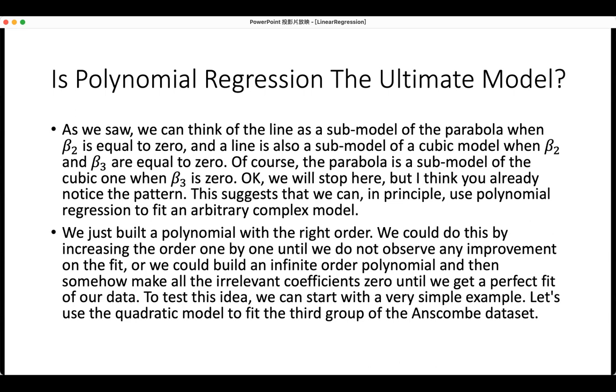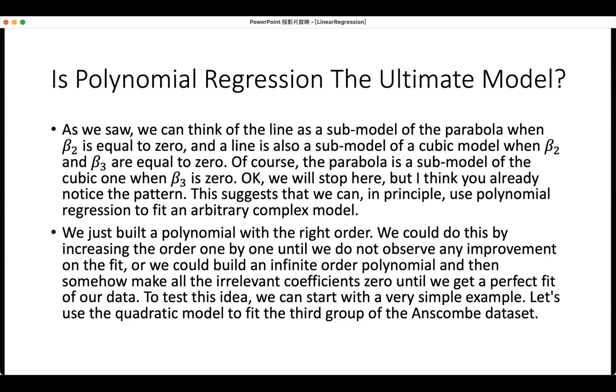So the higher order subsumes the lower order polynomial regression. In principle, we can use polynomial regression to fit an arbitrarily complex model.